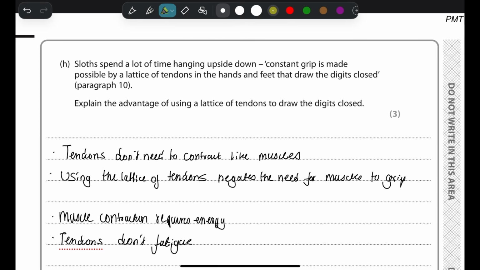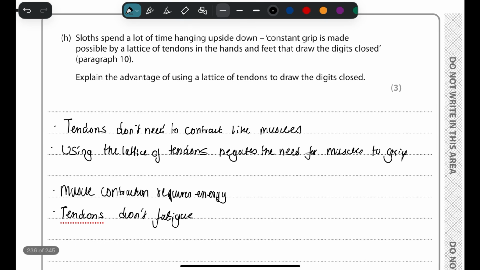So really, what we're saying is, okay, you're using tendons instead of muscles, essentially. So when I'm reading that, if I had that before, I would maybe do a bit of research into what tendons are. They attach muscle to bone, essentially. So what I really want to say is that your tendons don't really contract and relax like muscles. So that's one difference between the two that I can put down.